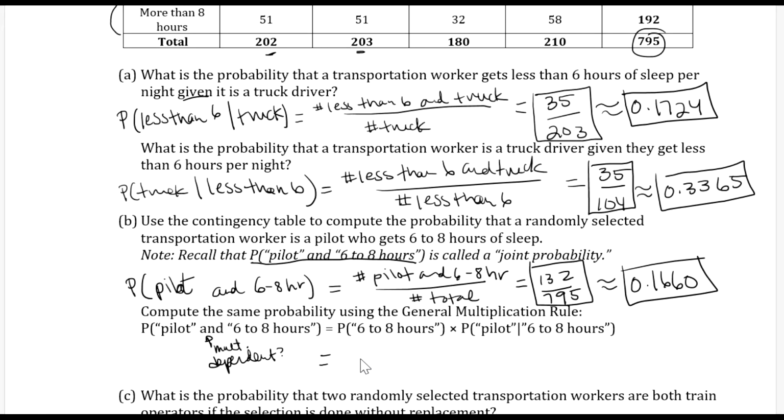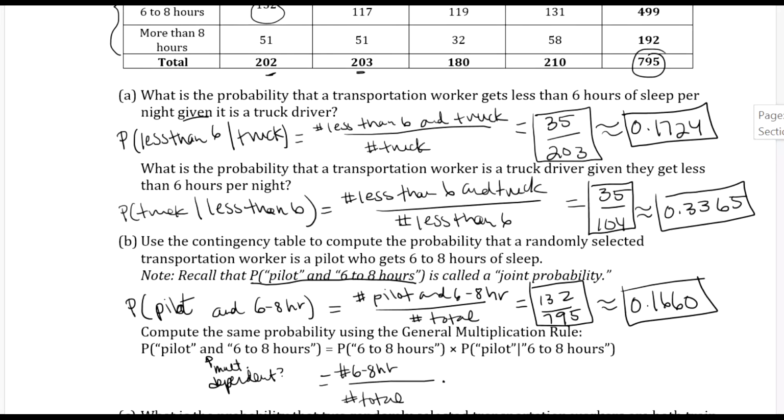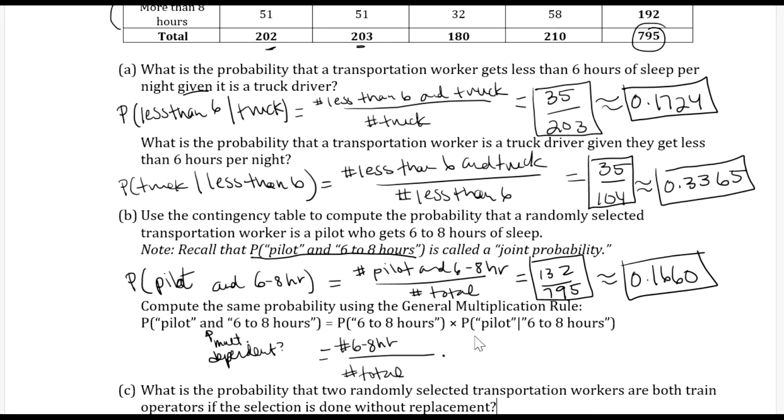So this is going to be the number of 6 to 8 hours over the total. And then we're going to multiply this by the probability that we are pilot given 6 to 8 hours. So we're going to have here the number of pilot and 6 to 8 hours over the number of our condition, which is 6 to 8 hours. Okay.